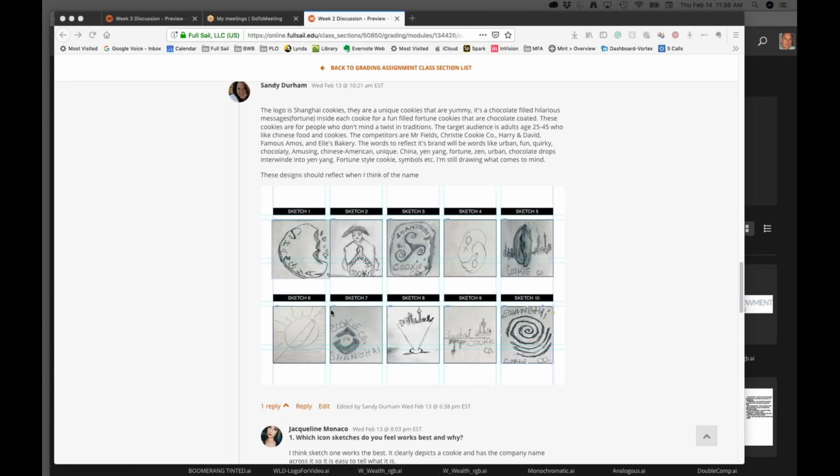This one looks like the sun rising and then a cookie reflection, a moon, or it's like yin yang, but opposite. This one looks like it's sort of the Mandarin, the Chinese figure, with the words around it. This one is a cone shape with the city of Shanghai on top of it.